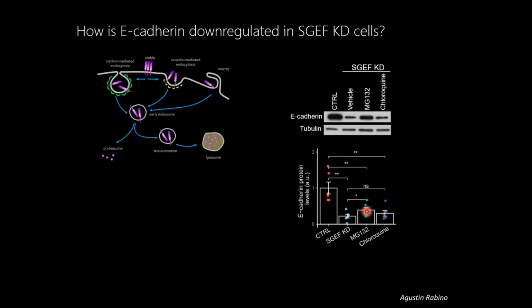The rescue is still very poor if you compare the treated cells with the control cells. It's still not even rescued to 50% of the levels. So this suggests that degradation by the proteasome may be important, but it doesn't explain the whole picture, because we cannot rescue all the levels of E-cadherin in control cells.